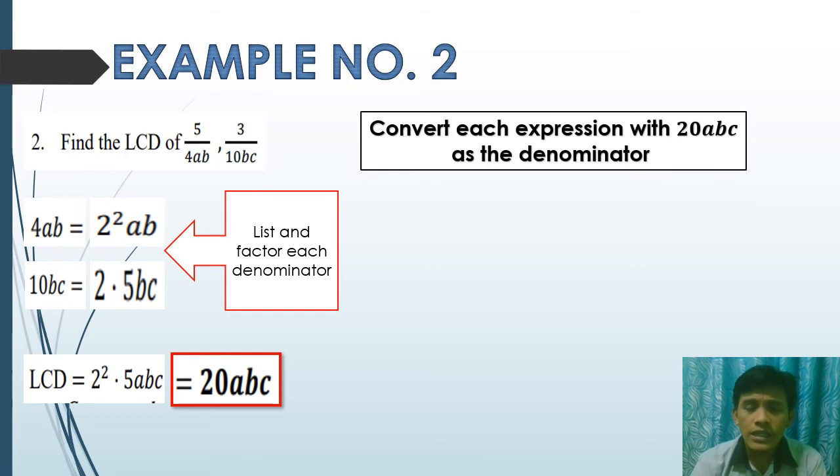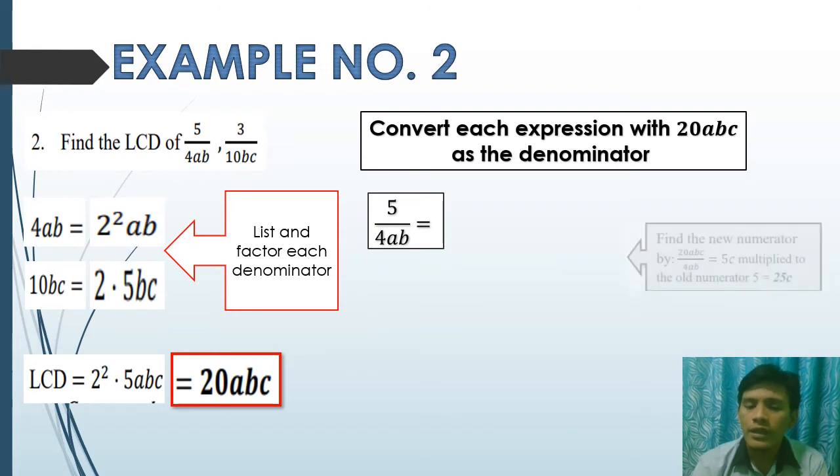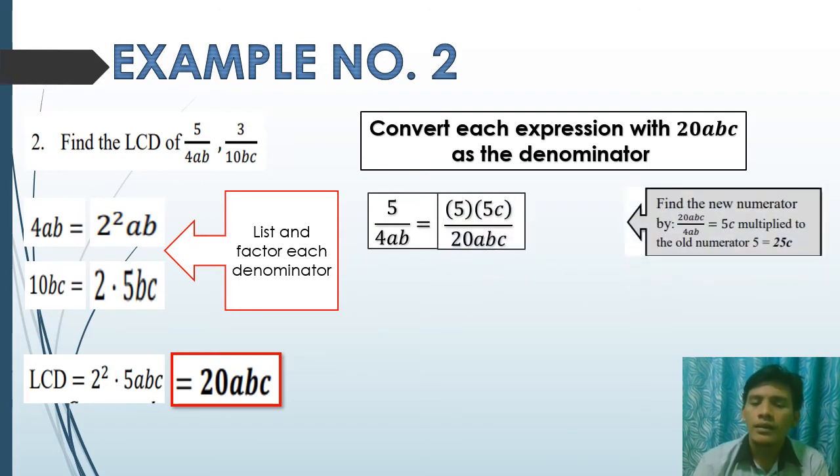Convert each expression with our LCD, which is 20abc, as our denominator. 5 over 4ab: our LCD, which is 20abc, will be divided by our denominator, which is 4ab. 20 divided by 4, and that is equal to 5.